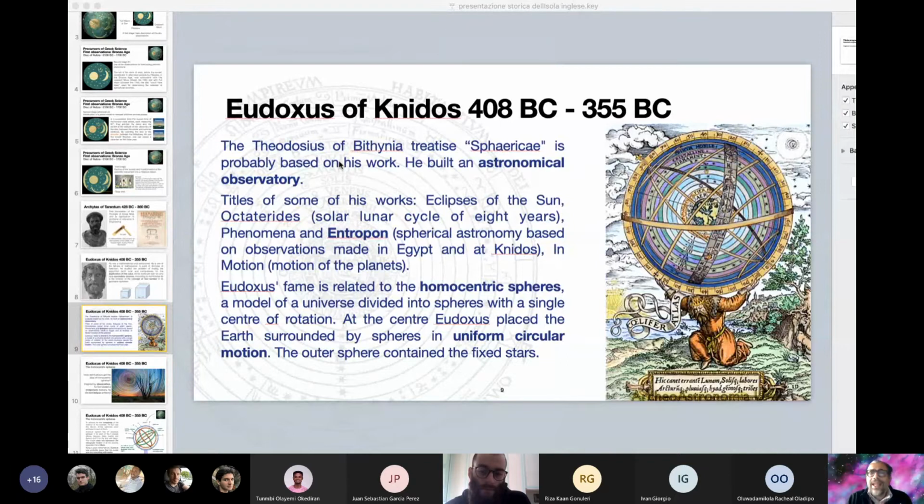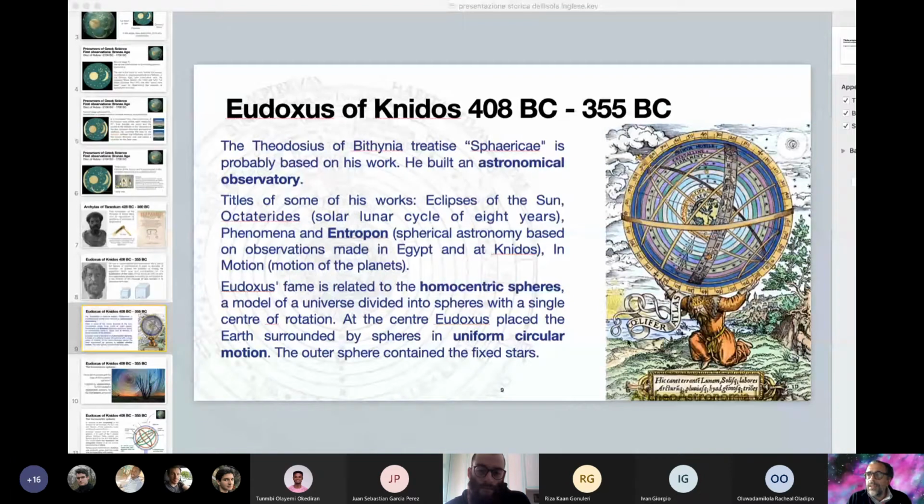Okay, and Eudoxus wrote also, it is written in Suda, an astronomical observatory. But the fame of Eudoxus is related to the homocentric spheres model. This is a model of a universe divided into spheres with a single center of rotation.